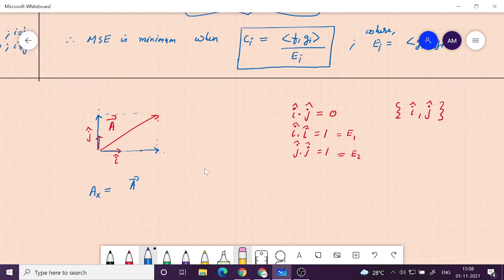So f inner product Gi is like a dot with i divided by the length of i, but I should use dot product, i dot i.